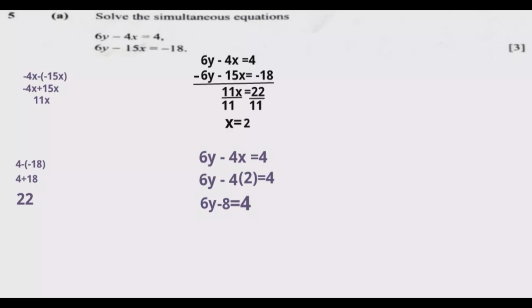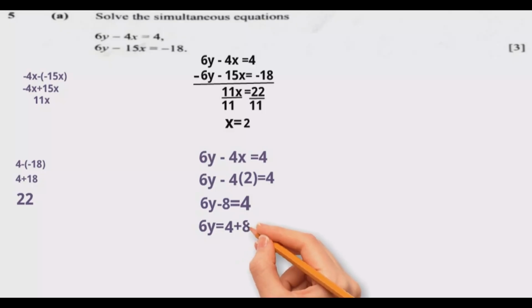Now at this stage I'm going to put like terms together. Then I'm going to have 6y is equal to 4, then negative 8 will cross the equal sign, which means it will become positive 8. So we say 4 plus 8, and 6y is equal to 12.